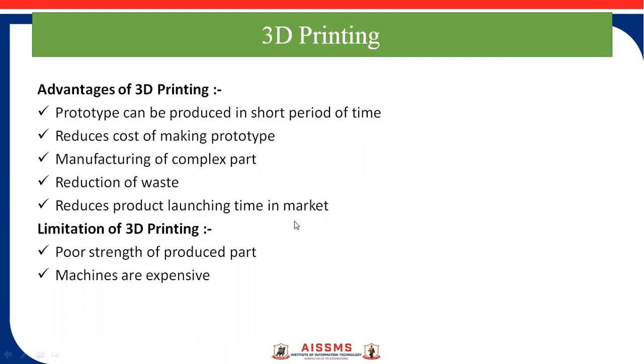You can directly launch your product concept into the market. Then limitations: products with poor strength can be produced because it's a conceptual model. So we cannot produce the product in mass production as the machines are expensive. Research is still going on in this process for mass production, complicated shapes and different materials.